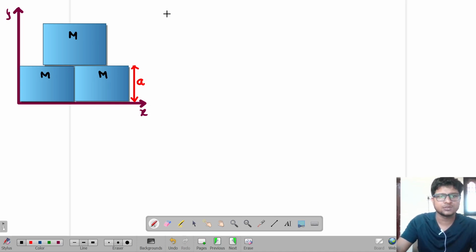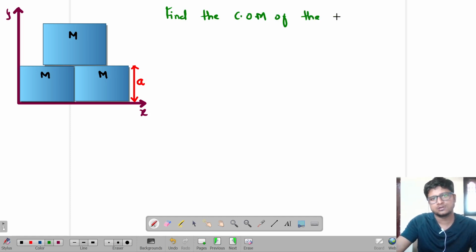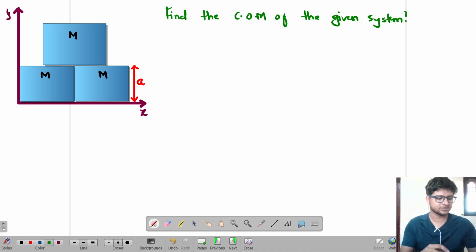Got it or not? Then find the center of mass of the given system. Do it fast.